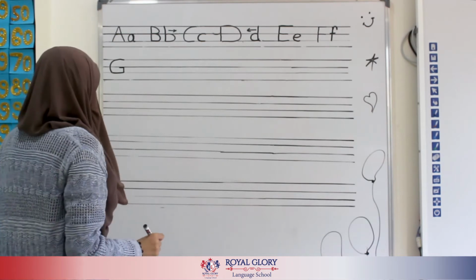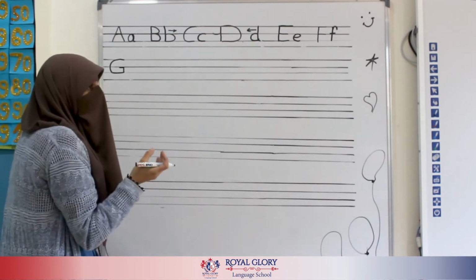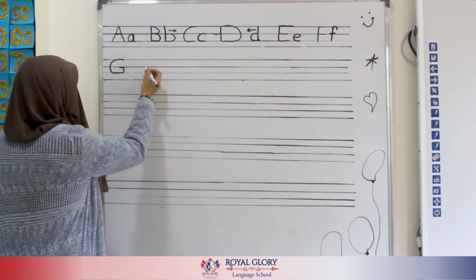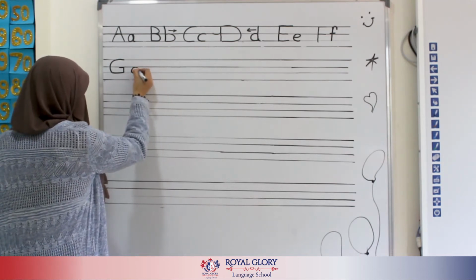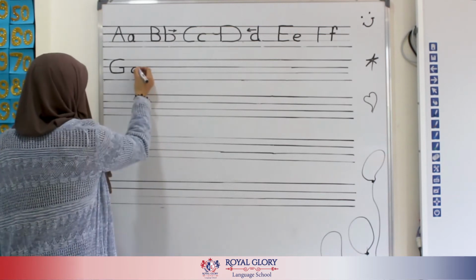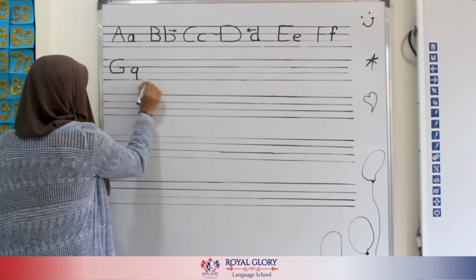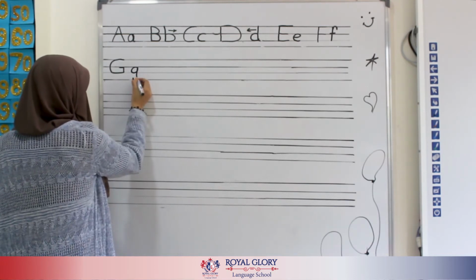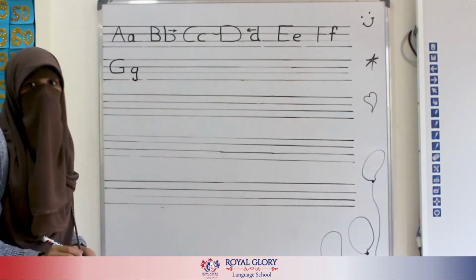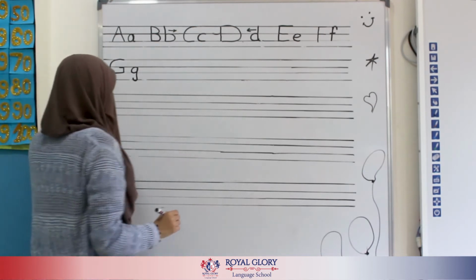The lowercase: I will draw small circle between line number 2 and line number 3, like this. Then down till line number 4, and the small curve, g. Okay.